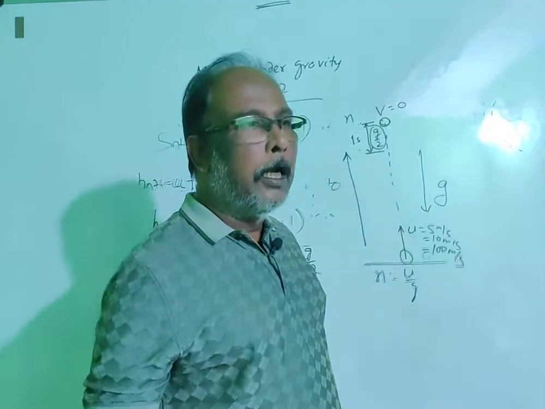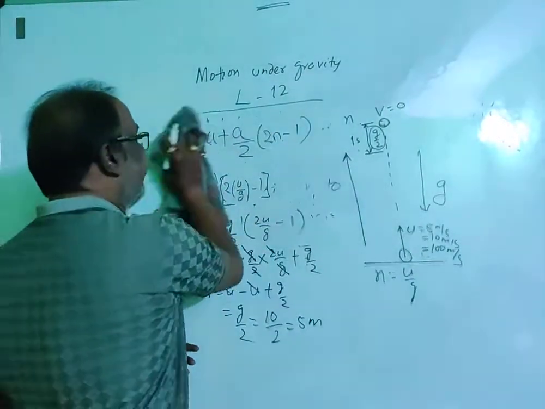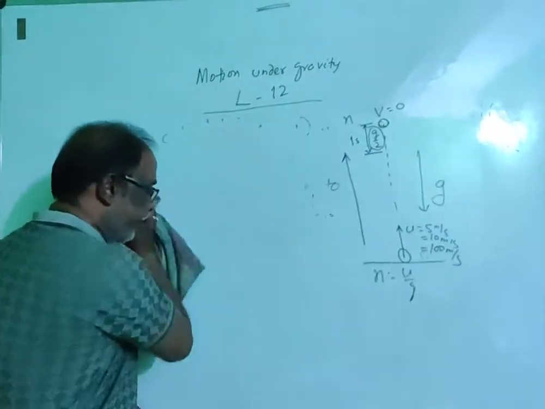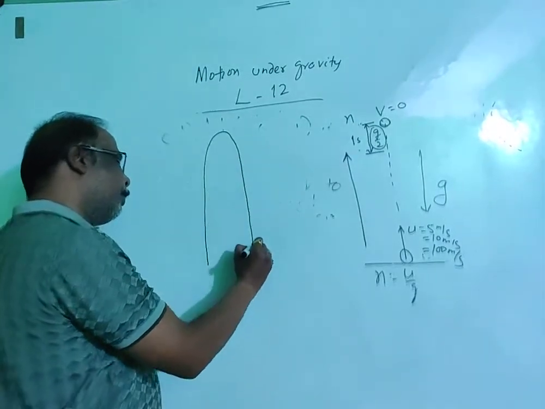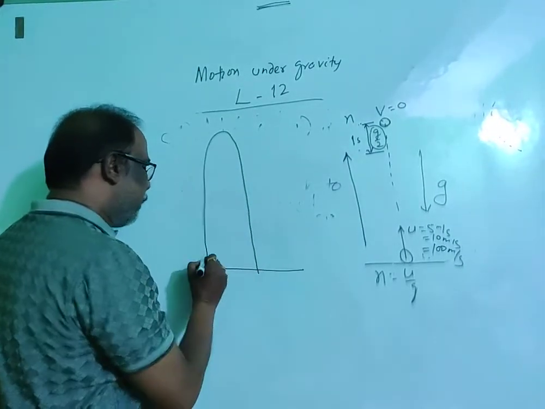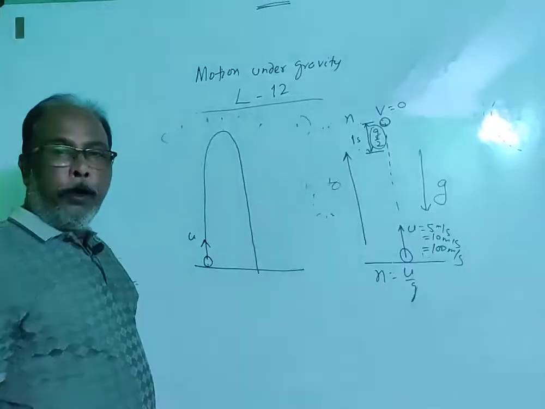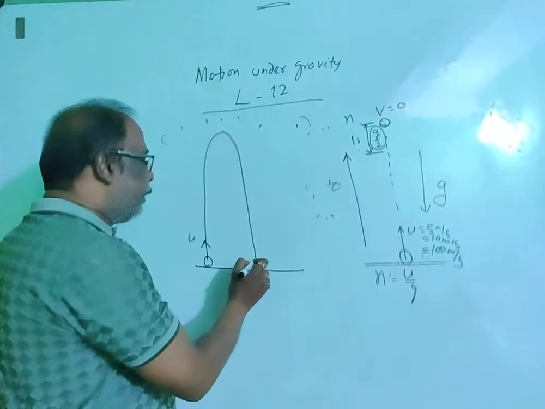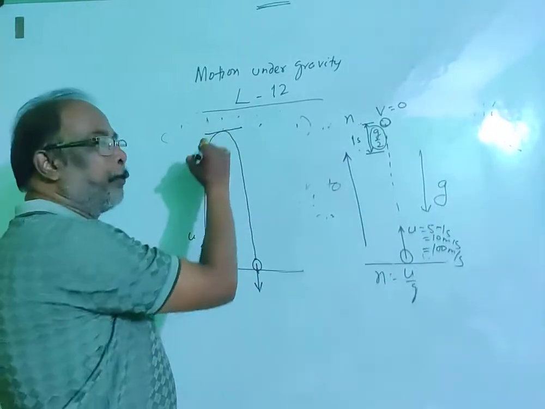Again, another concept: symmetry of motion under gravity. Very important theory. Suppose a body is thrown from the ground and comes back to the ground again. The body is thrown in the upward direction and finally it strikes the ground. This is the highest position.